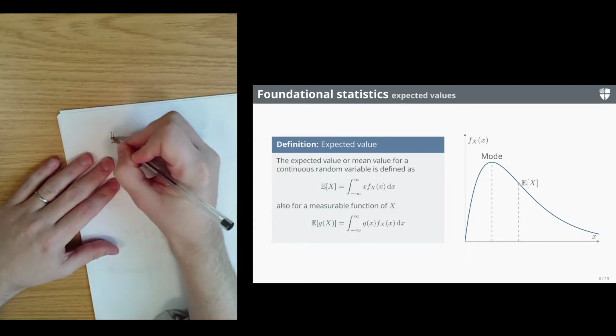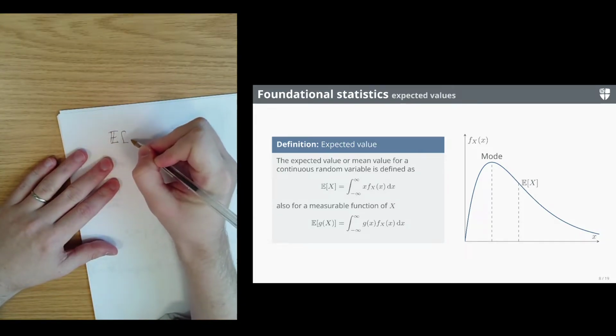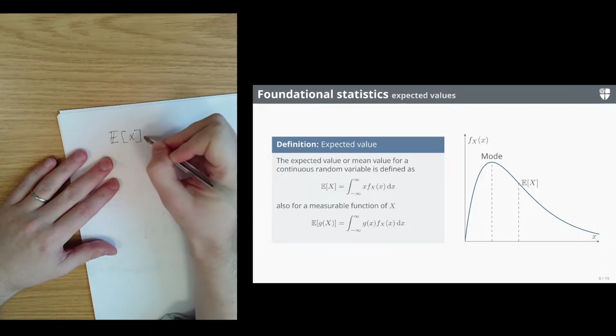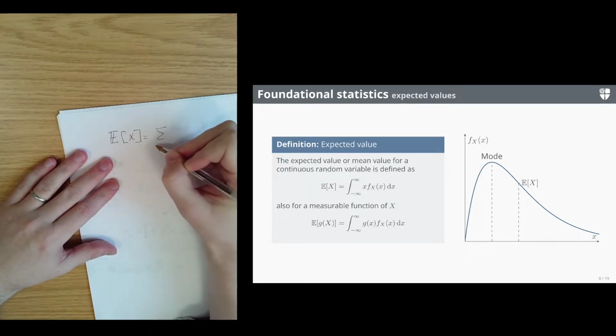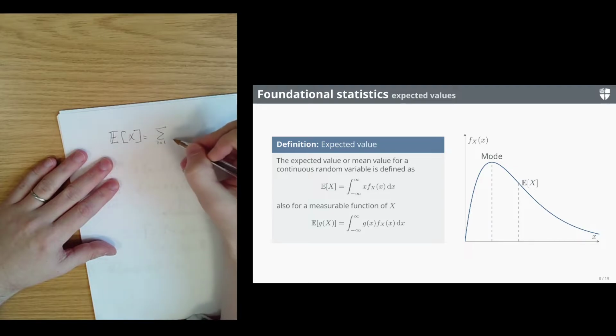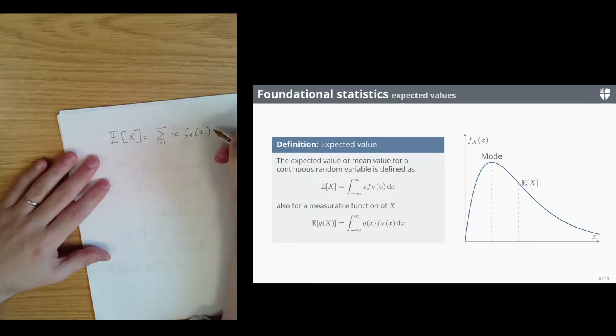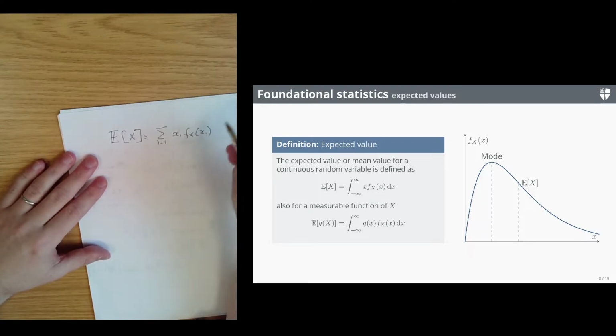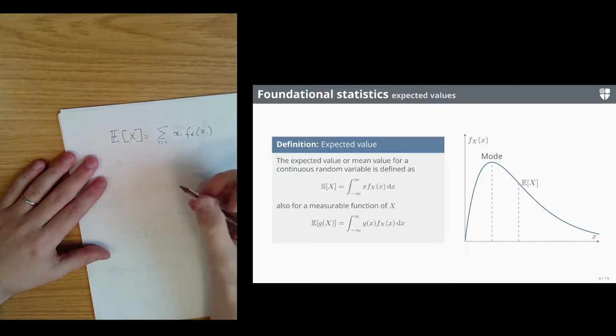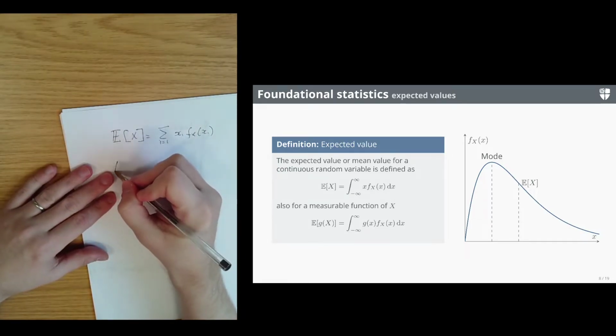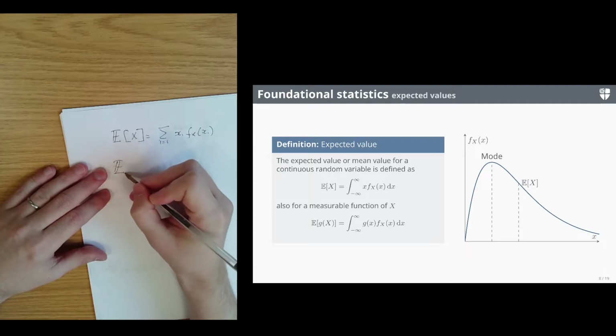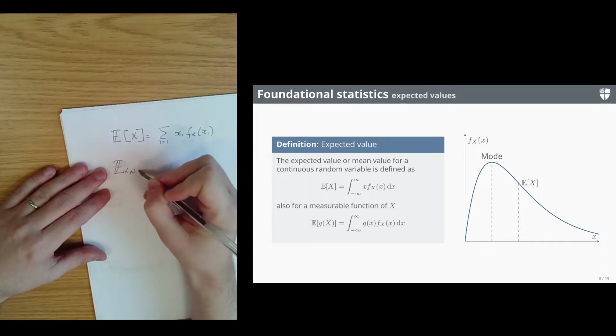Just say the expected value of x equals the sum from i equals 1, and then we would just do x_i times the probability of x_i. So let's just do this now. It's the value of the die times the probability, and in this case this is just 1/6 because it's a 6-sided die. So we would say a die is from a uniform distribution, it's not a biased die, it's not like you can cheat with it.